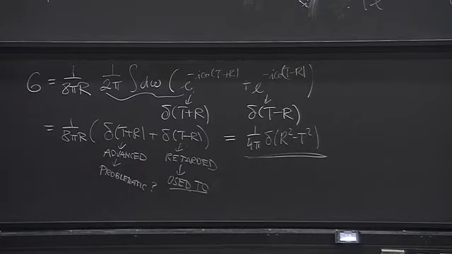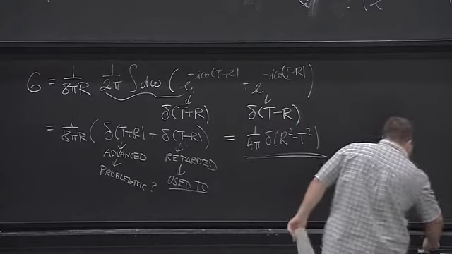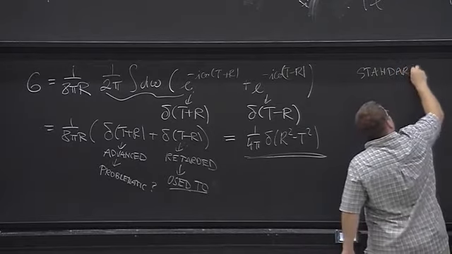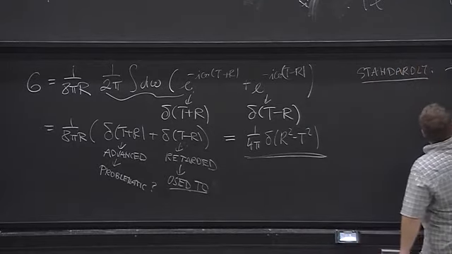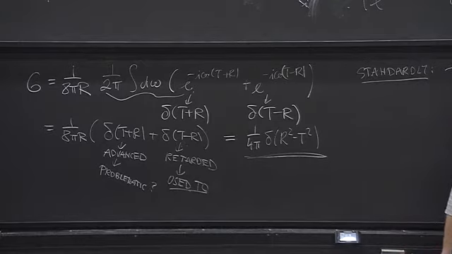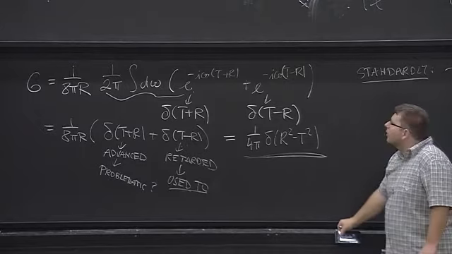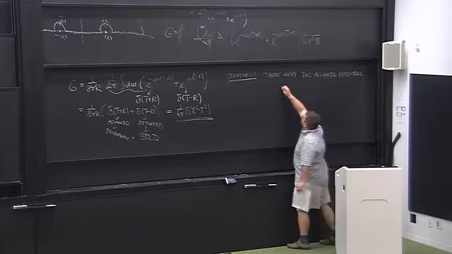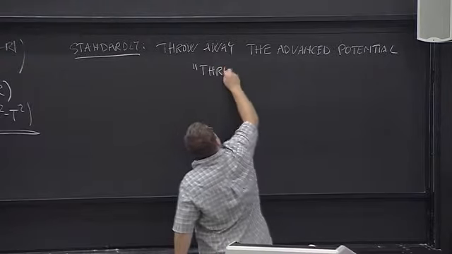Okay, and so typically, or standardly, they simply throw away the advanced potential and keep only the retarded one, because that's not what we observe in physics. So you are basically throwing away half of the physics.